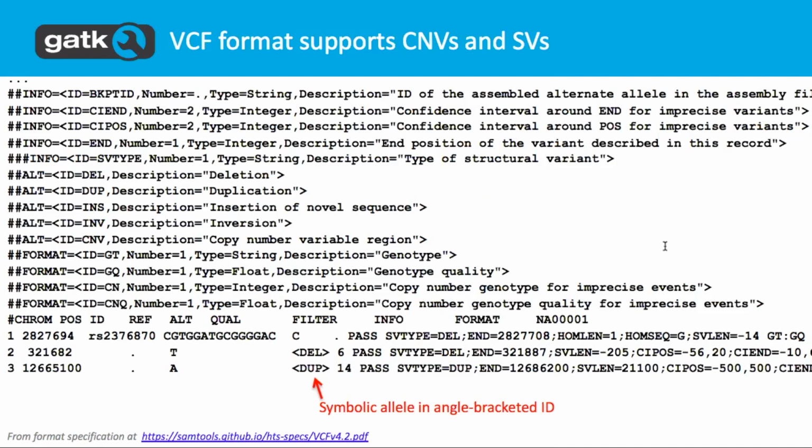Because you only have the starting position of your variant, you also have to put the ending position, since a structural variant has a large size. So you put it in the info field, with the start right here and the end right here. And finally, there's also a way to indicate error bars on where your structural variation begins and ends. This is encoded in these two info fields right here, CIEND and CIPOS.